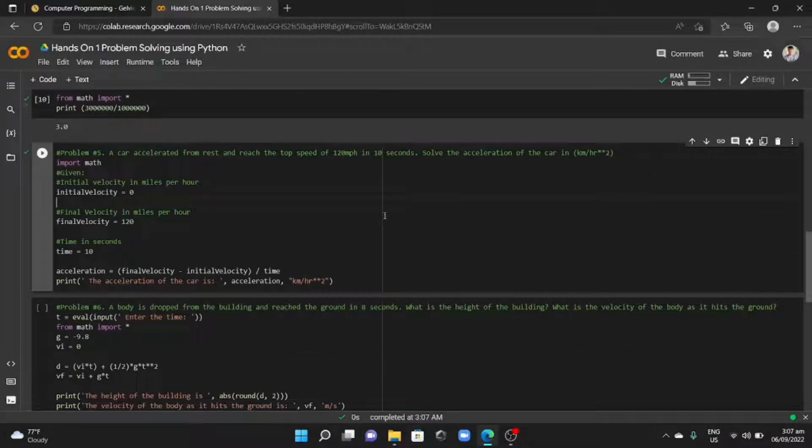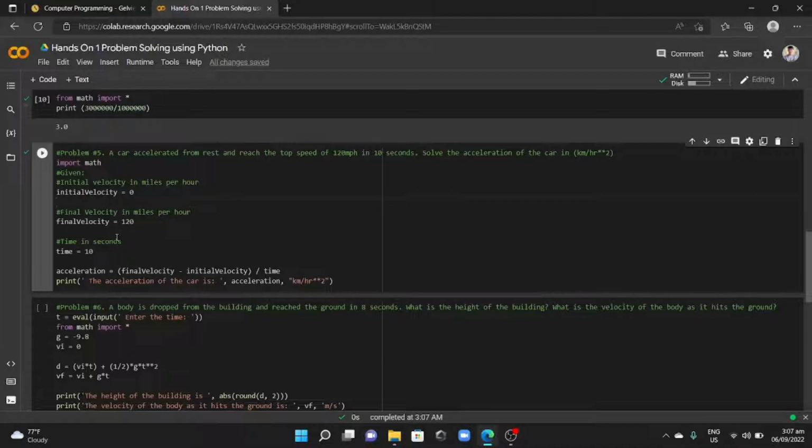For our problem number 5, a car accelerated from rest and reached the top speed of 120 miles per hour in 10 seconds. We are going to solve the acceleration of the car in kilometers per hour squared. We are going to import math, and for the given we have the initial velocity in miles per hour, which is 0, the final velocity in miles per hour, which is 120, and the time in seconds, which is 10.